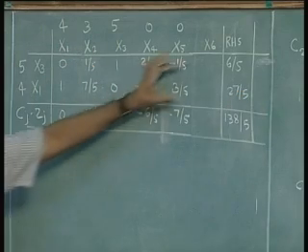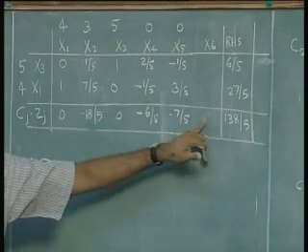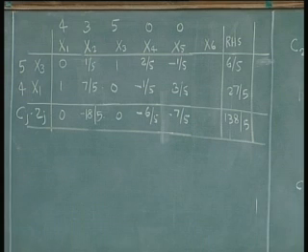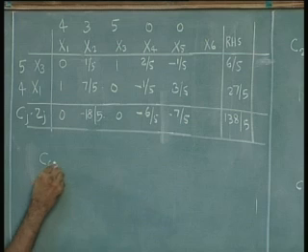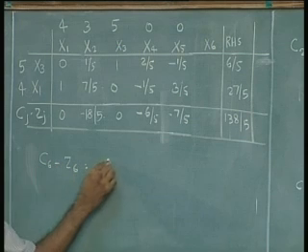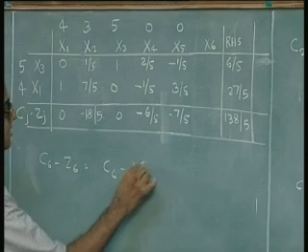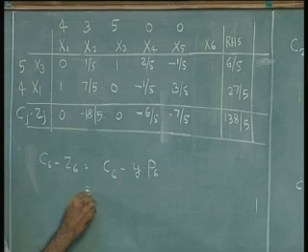Now we need to find P bar 6 and C6 minus Z6. First we have to find C6 minus Z6 to see whether there is an effect. So C6 minus Z6 is equal to C6 minus YP6.